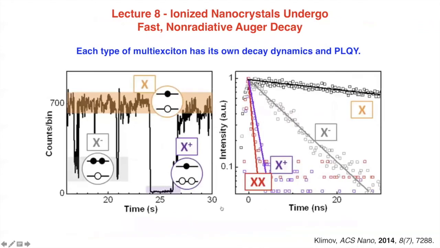All right, so Viktor Klimov, among many others, has taken these streams of photons and they've said, okay, well, if I break this thing down into its components, there's the case where the thing is emissive, and it's just emissive at this constant level that's very high. And I'm going to say that is the monoexciton.